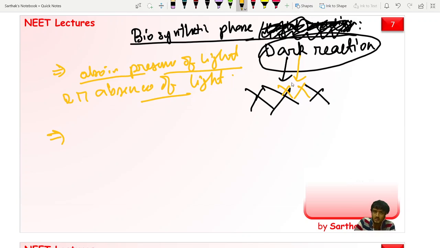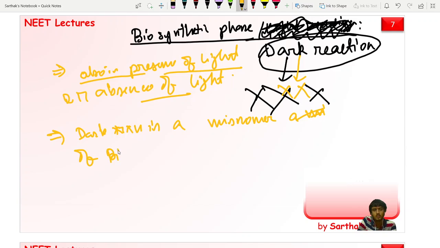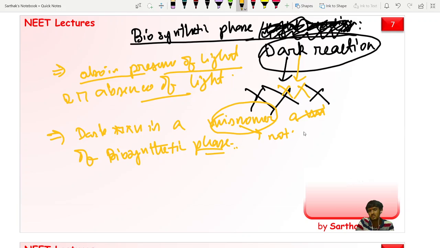So dark reaction is a misnomer of the biosynthetic phase. Misnomer means not the same.